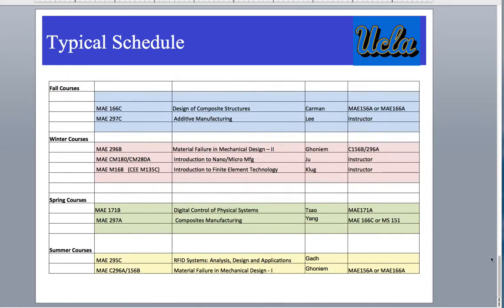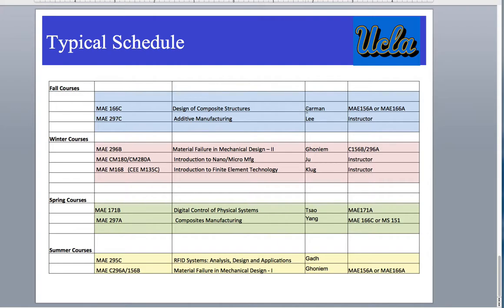Finally, I just wanted to show you a typical course schedule. In the fall, you have 166C and 297C, composites and additive manufacturing.